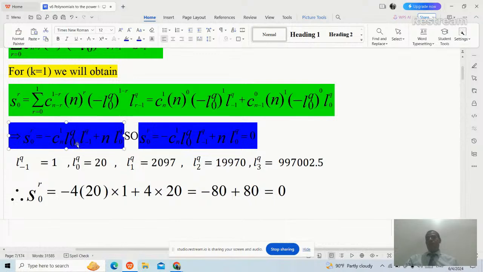Okay, I'll put outside the parentheses. It will be S0 for the r equal negative, okay, combination n choose 1 plus n all times what, learners, times L0 for the q. This one is 0. Therefore, for, let's say, the value of S0 of order r for any polynomial to the power n is 0. Okay, this is the formula.